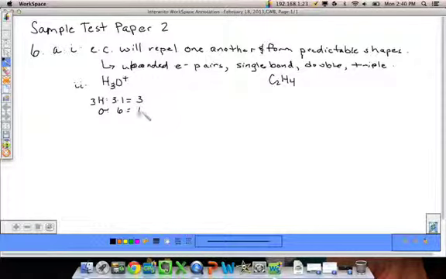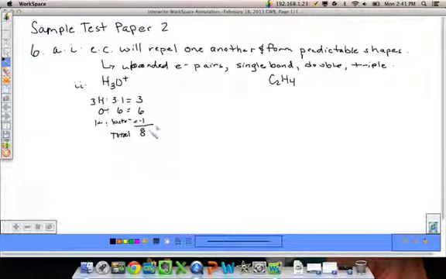There's only 1 of them, so there's a 6 there. And that 1 plus means that we have lost an electron, which means we're going to have 1 less electron total. So 6 plus 3 minus 1, that gives me a total of 8.